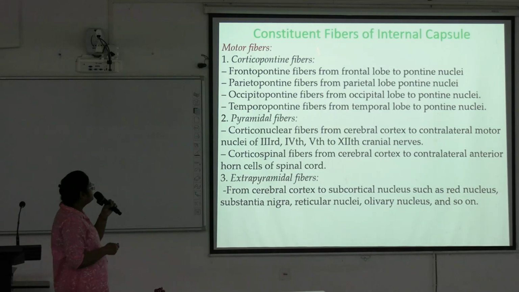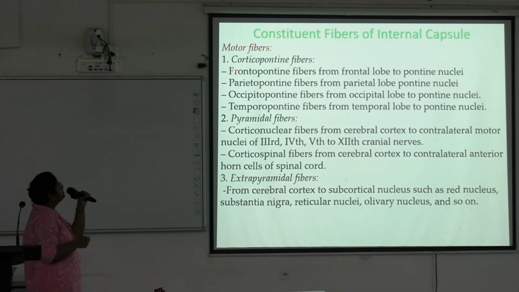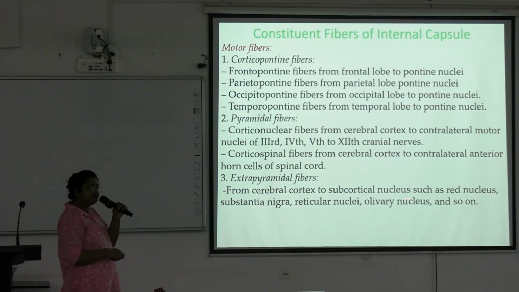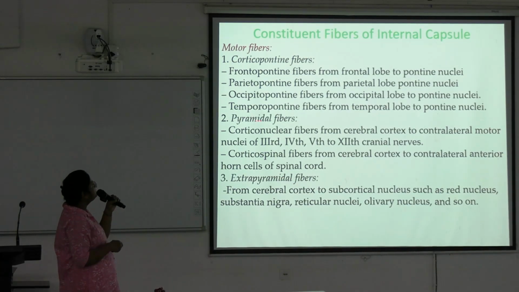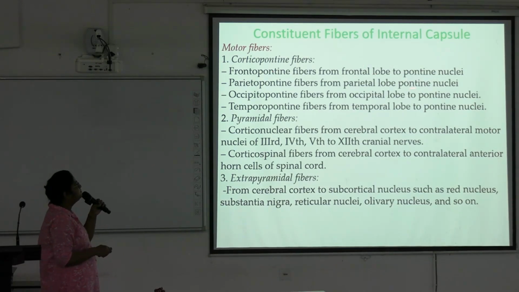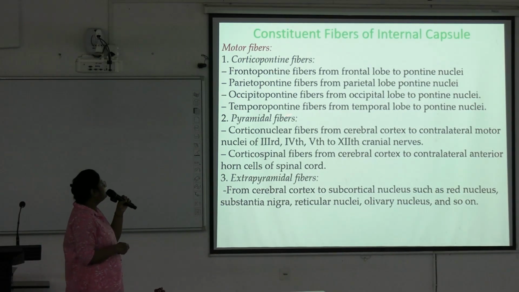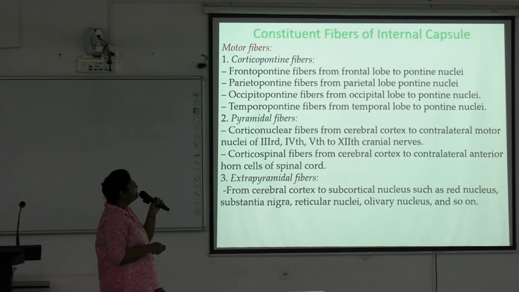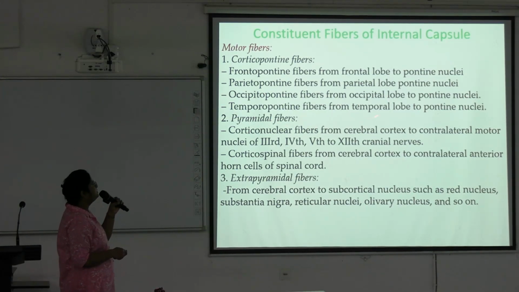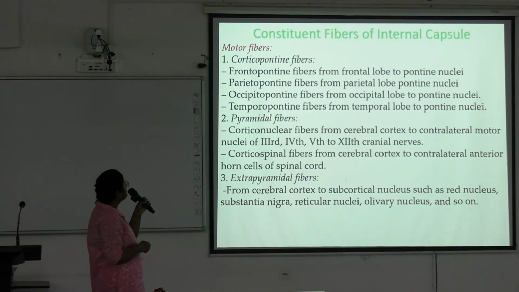So these are the constituent fibers: corticopontine fiber, pyramidal fiber, extrapyramidal fiber. Corticopontine fibers come from all the lobes: frontopontine fibers from frontal lobe to pontine nuclei, parietopontine fibers from parietal lobe to pontine nuclei, occipitopontine fibers from occipital lobe to pontine nuclei, and temporopontine from temporal lobe to pontine nuclei.